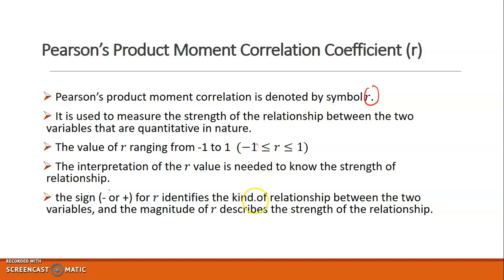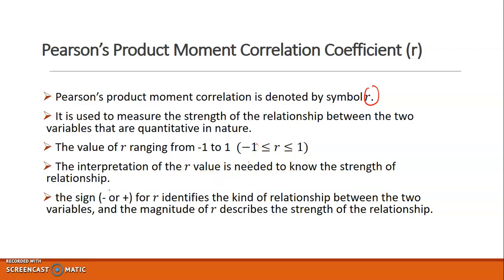The R value only ranges from -1 to 1. After you find the value of R, you must interpret it to know the strength of the relationship.